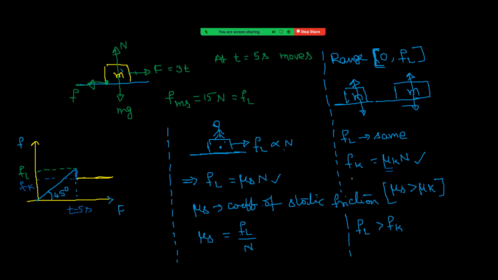Next, in the same way, once the body comes into motion, friction is called kinetic, and that is equal to mu k into N, where mu k is the coefficient of kinetic friction, and mu s is always greater than mu k. That means the limiting value is always greater than the kinetic value.